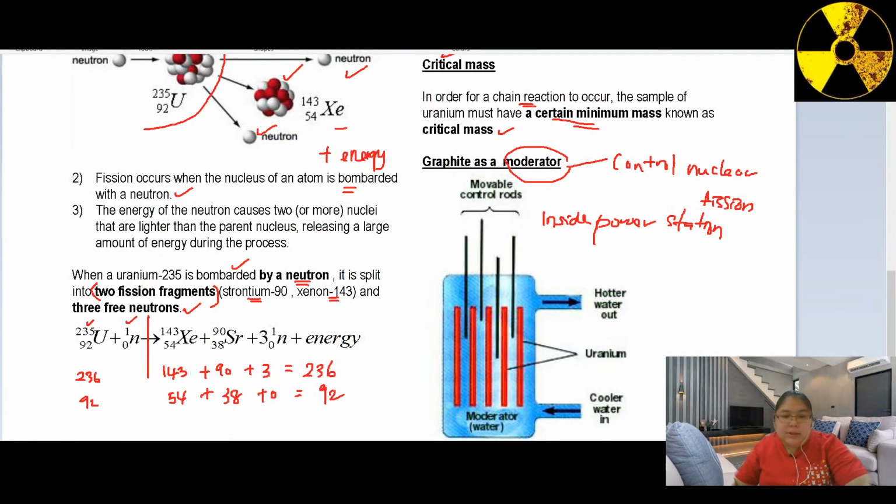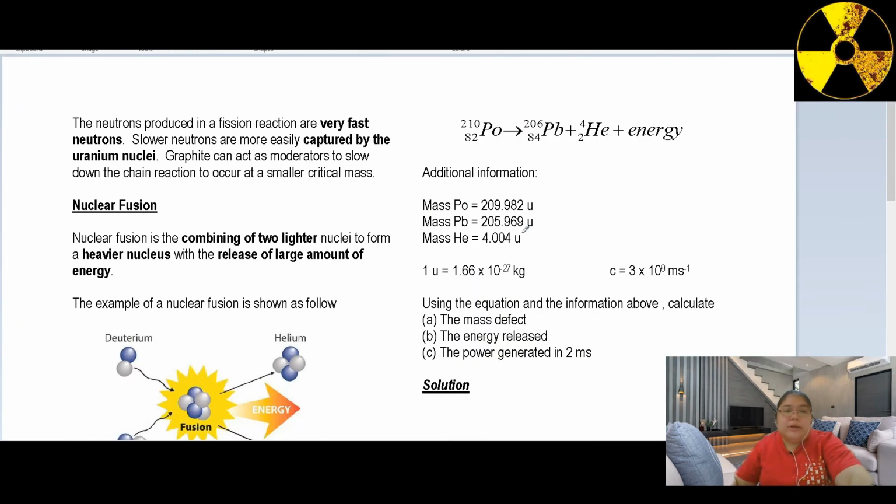Okay, let's see the second page. They just want to explain the graphite. Just now I told you what its function is. The neutrons produced in the fission reaction are very fast, so you need to control the neutrons. The slower neutrons are more easily captured by the uranium nuclei.